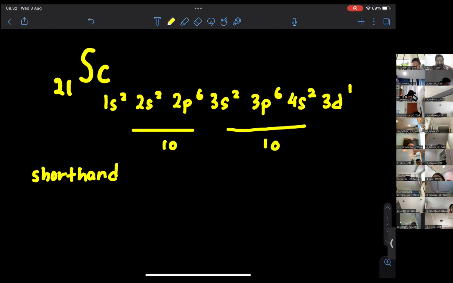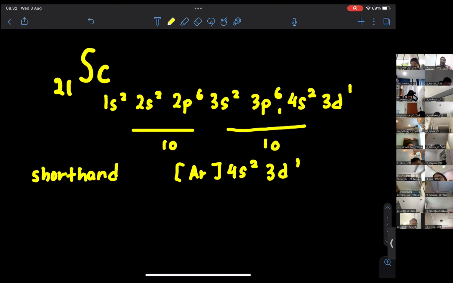In this case the shorthand is 18, because for 21, 18 is argon. So I can use argon's configuration, since I know up to here is argon. I write down argon, then in brackets I put 4s2 3d1. This one is no problem, because it is quite common.